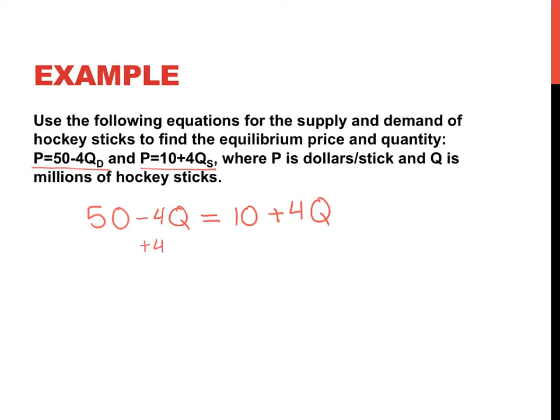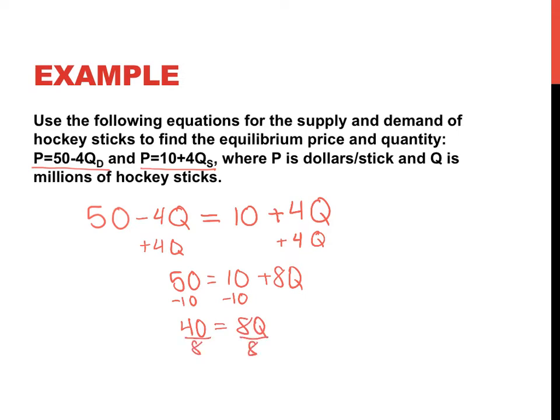So we can add 4Q to each side. So 50 equals 10 plus 8Q, and we can subtract 10 from both sides. 40 equals 8Q, and we can divide both sides by 8. So Q star equals 5. So our equilibrium quantity is 5 million hockey sticks.